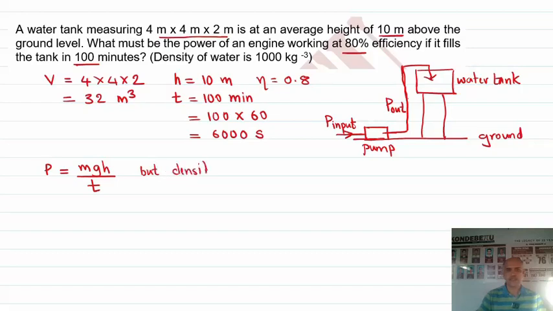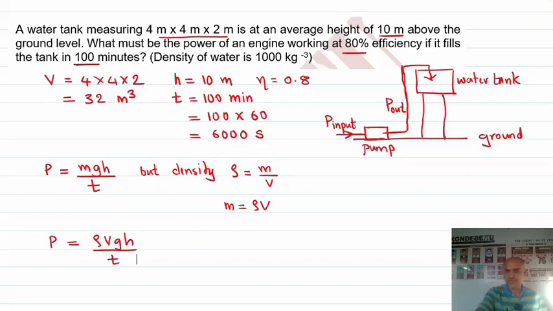Density rho is equal to mass by volume. So m I can write as rho into v. So if I substitute, I will have the formula, in place of mass, rho v g h by t. Now substitute all the values and simplify.